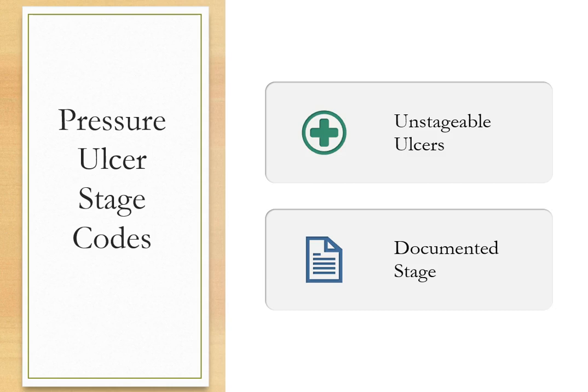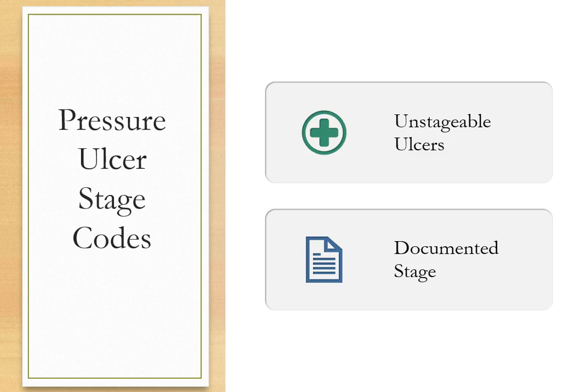Now, these codes should not be confused with unspecified. They both start with a letter U, but we're talking about unstageable. So it should not be confused with unspecified stage. Those are actually two different code families.